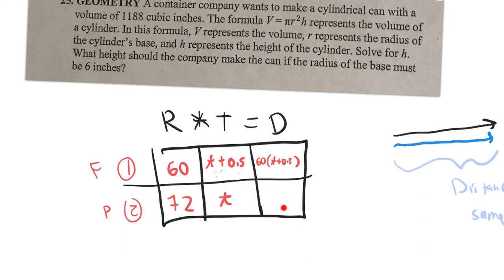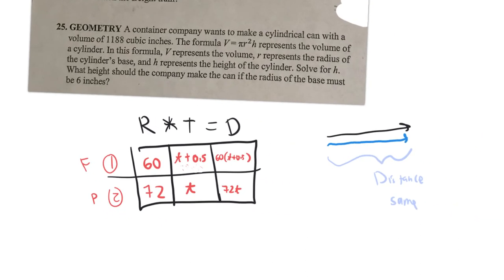The distance traveled by the passenger train is going to be 72 times t. Okay. Now, this is where that insight that we had earlier comes into play. We already know the distance that they traveled is the same, which means we can set these two things equal to each other. We have 60 times (t plus 0.5) equals 72t.